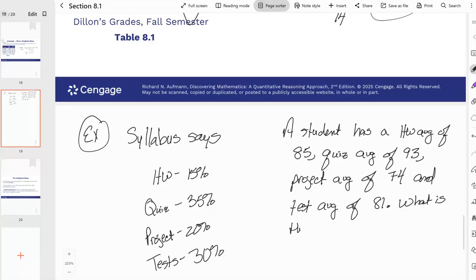What is their current grade? And you could do this for any class that you have.